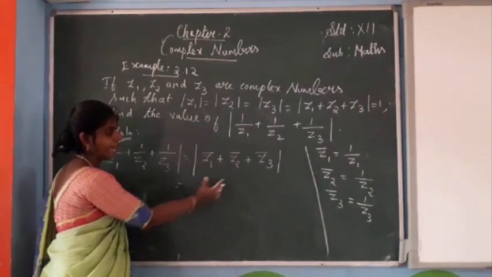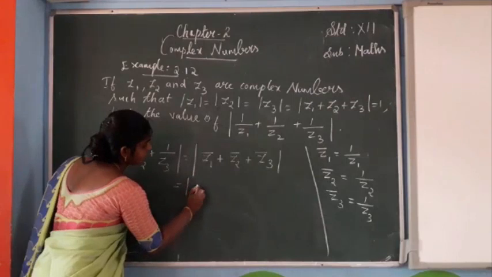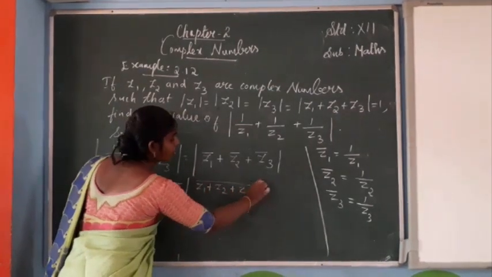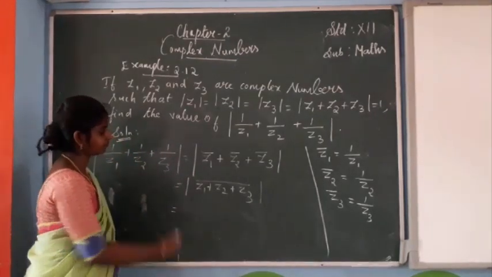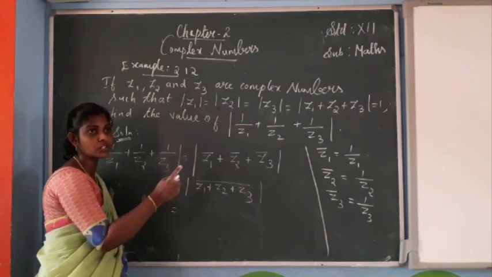That's equal to, using the property, you can take the whole bar: modulus of (Z1 + Z2 + Z3) the whole bar is equal to, so modulus Z, using the first property of modulus.